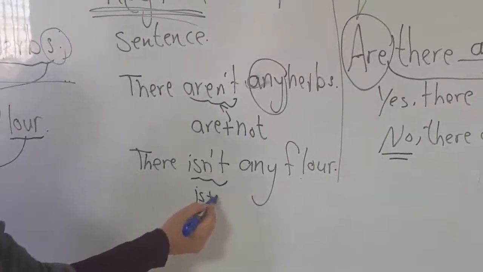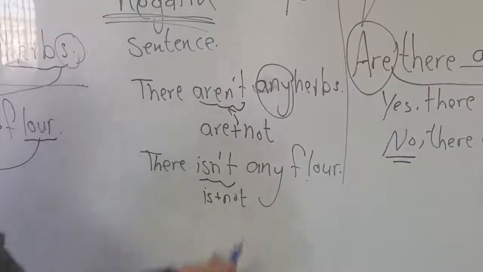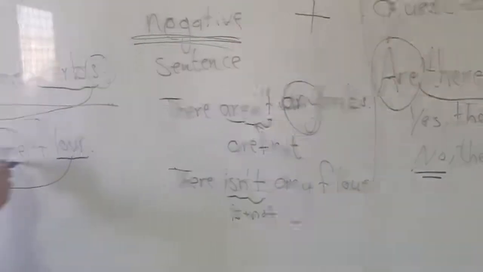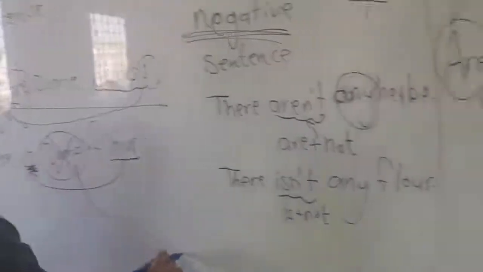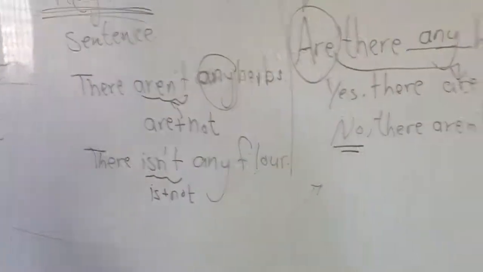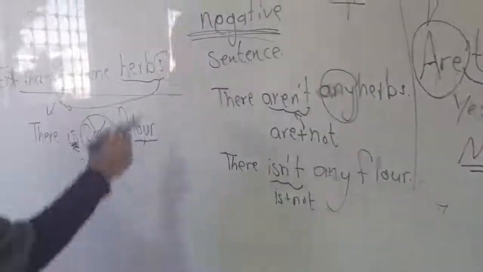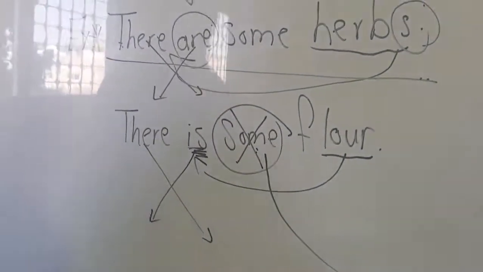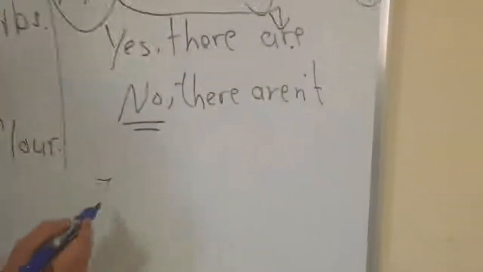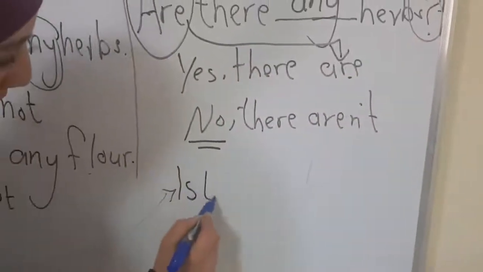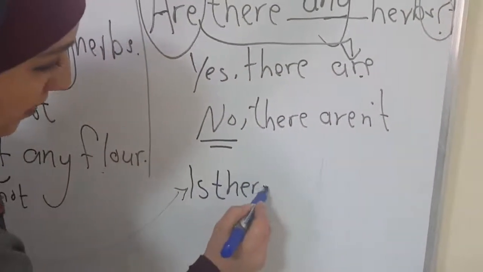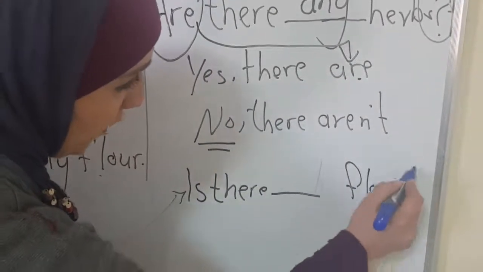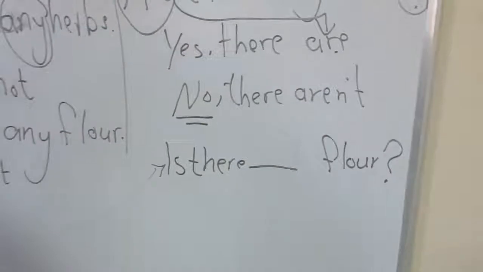It's a negative sentence. Is plus not. Isn't. Now let's change this affirmative sentence to question. There is some flower. نرجع نعمل الضرب التبادلي يا خامس. Do you remember? Yes. Is there flower question mark.